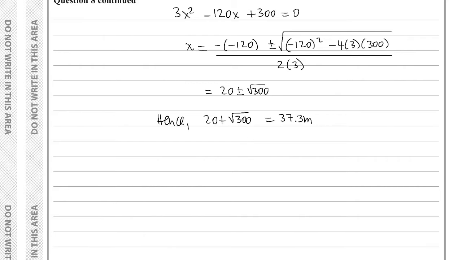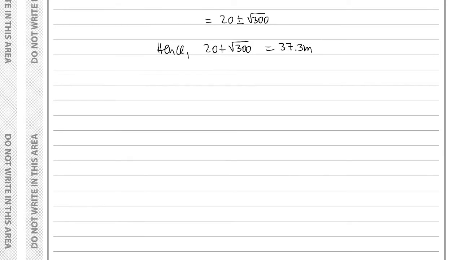C, we need to give a limitation of the model. A limitation of the model could be anything that practically will make this model not valid. So we could say that the ground is horizontal. That's a limitation. It's highly unlikely that the ground is horizontal. We have that the trajectory is a perfect parabola.